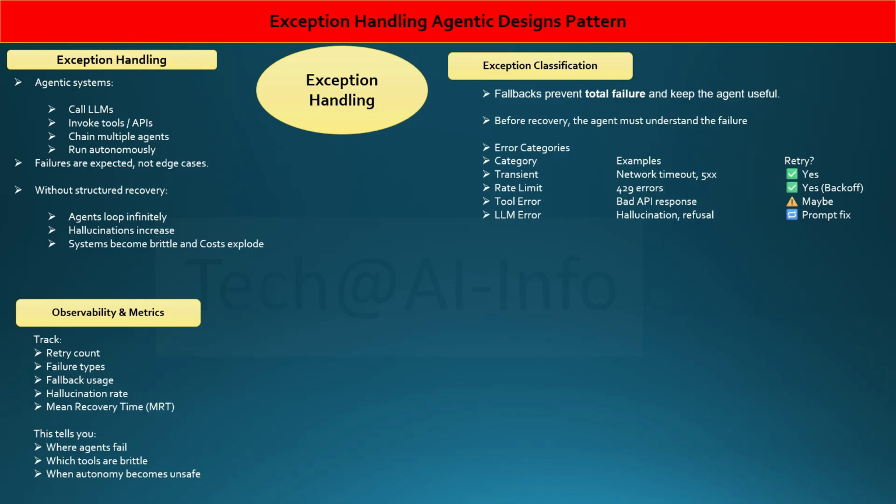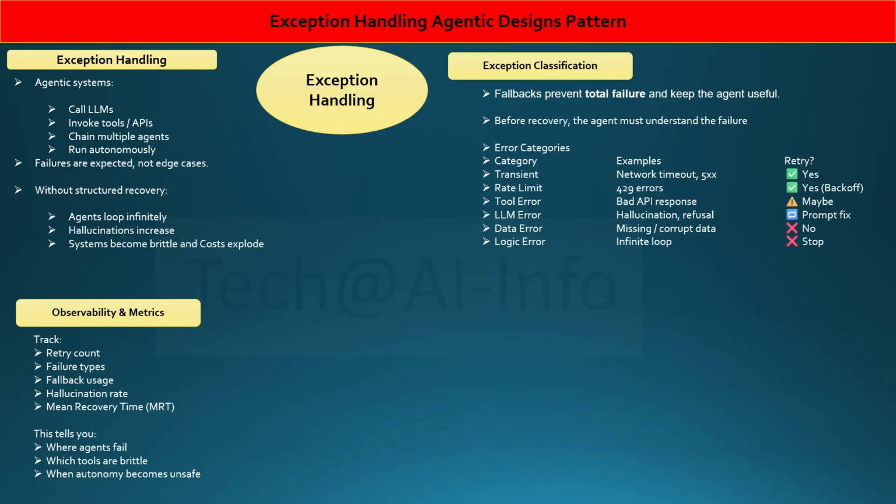Adjust the prompt, reduce temperature, constrain the output format, and if required, switch models. Data errors are missing required fields, corrupted documents, or empty retrieval results. The agent lacks the required information, so retry will not work. Ask the user for missing data, request clarification, and stop execution safely.